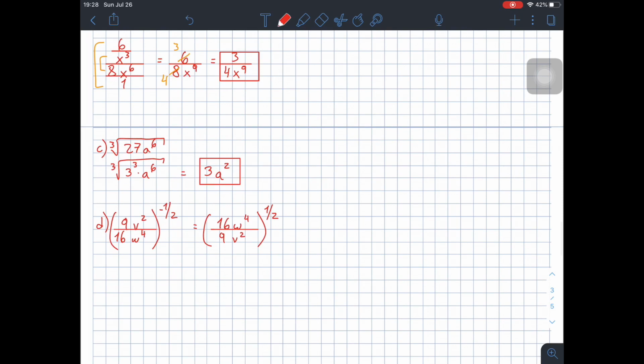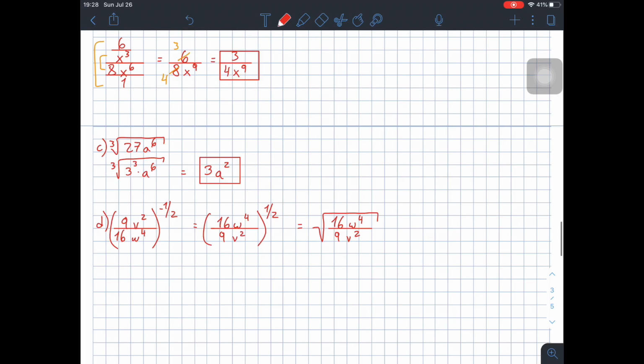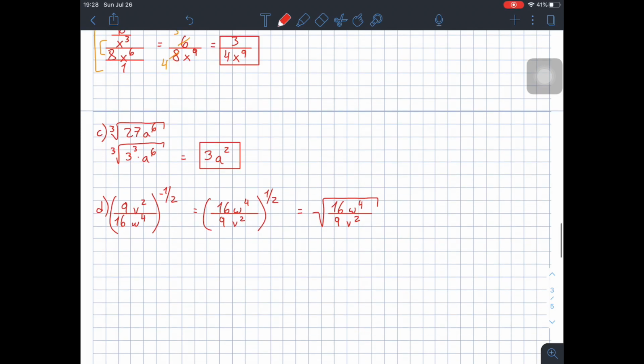Now, to the power of 1/2 is the same as saying the square root of all this, right? So I can write this as 16w^4 divided by 9v squared, and all of this square root, right? And this is almost solved already. Now I need to take the square root of all of the terms, and we're going to have the result.